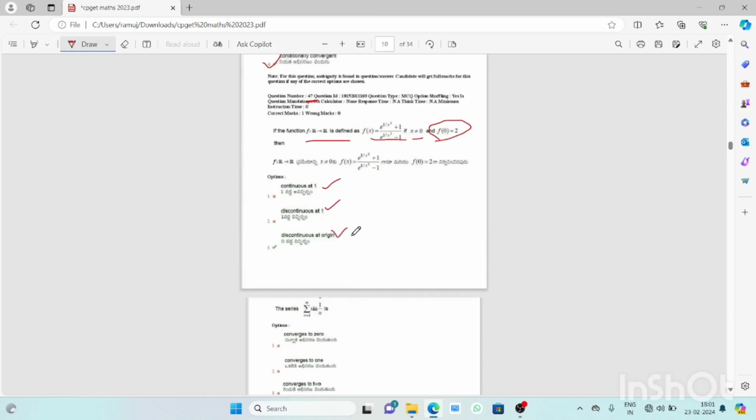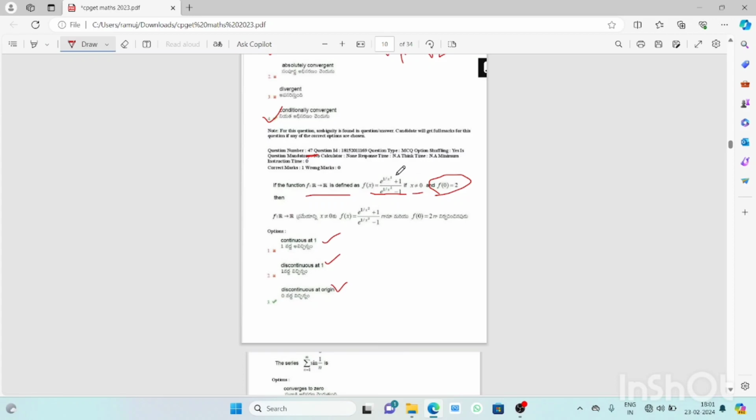We can clearly say that this is discontinuous at the origin, because f of 0 is 2, but if you go through the left hand limit and right hand limit, they will never be equal whenever e is in terms of 1 by x or x square.